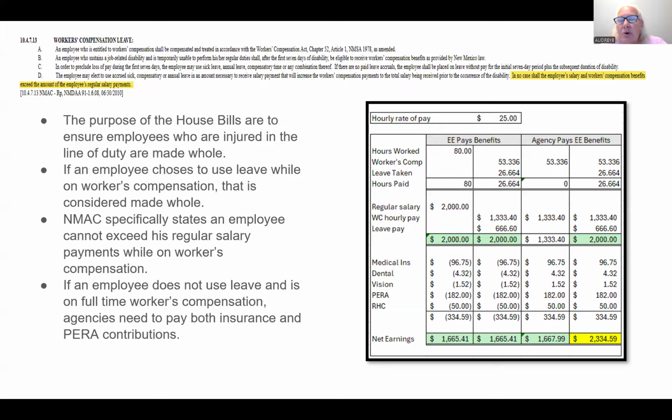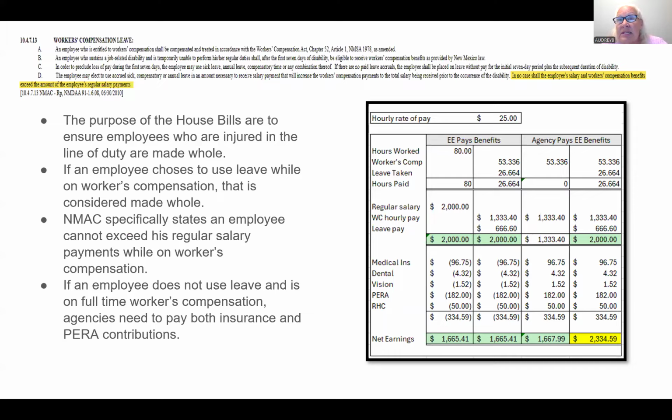So if an employee, the second column, chooses to take leave for the additional time that workers' comp doesn't cover, he would earn on workers' comp $1,333.40. And he would take leave for the additional $666.60 to bring his total biweekly pay to $2,000. At that point, he is whole, okay?